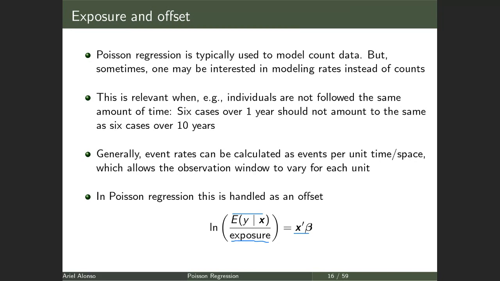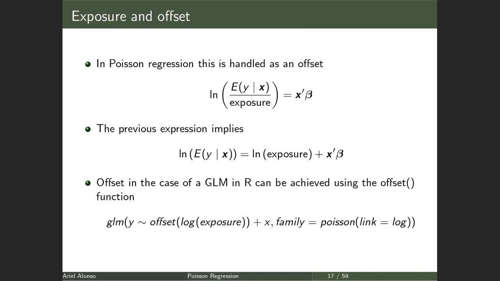That can be a time interval, a certain area in space, or, for instance, a population in a city. That's the way that you account for this problem. In Poisson regression, you don't write your model in terms of the mean, but in terms of the mean divided by the exposure. So if you have an average of 6 cases per year, and in another an average of 6 cases every 10 years, you need to adjust by that time difference. That's why you divide by the exposure.